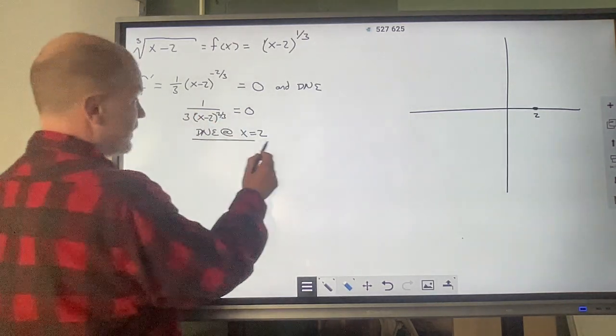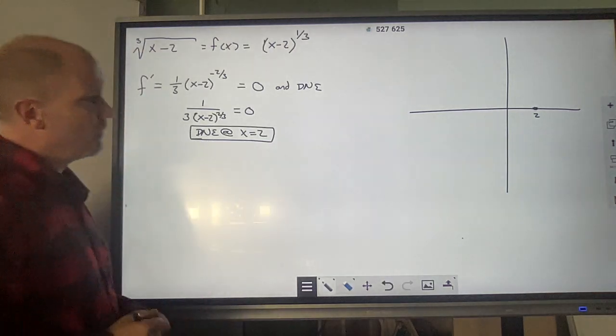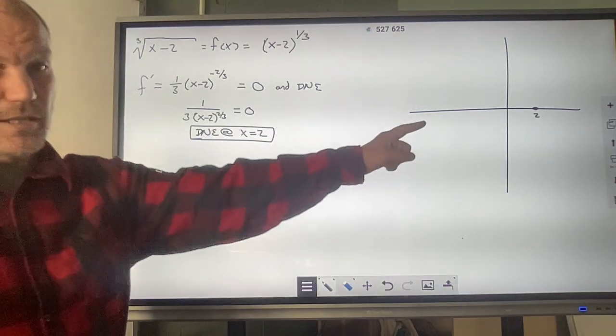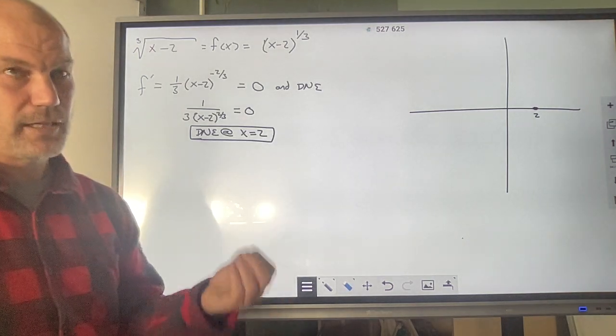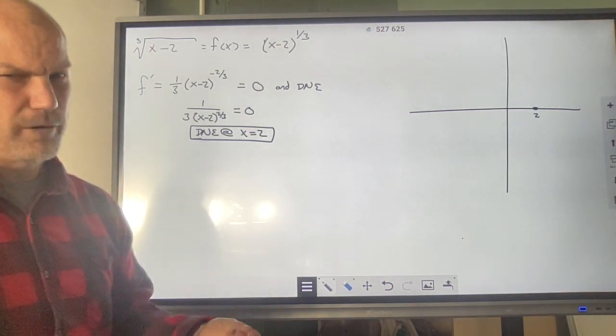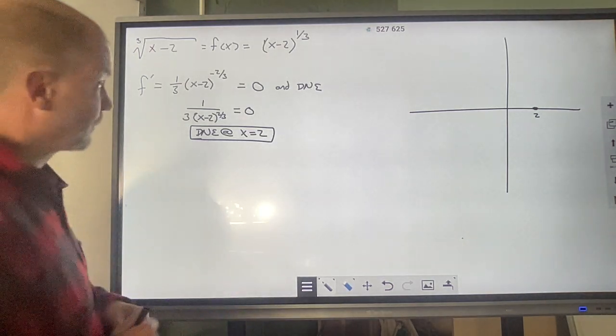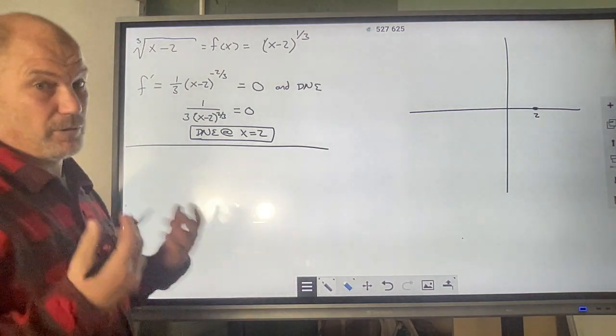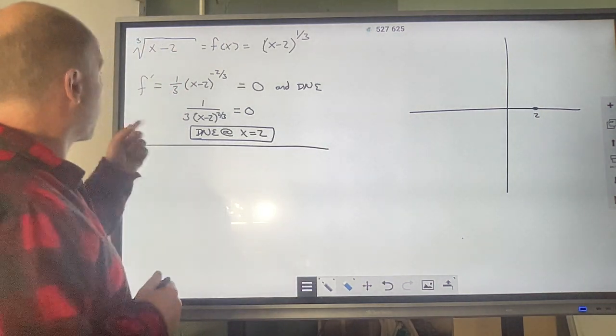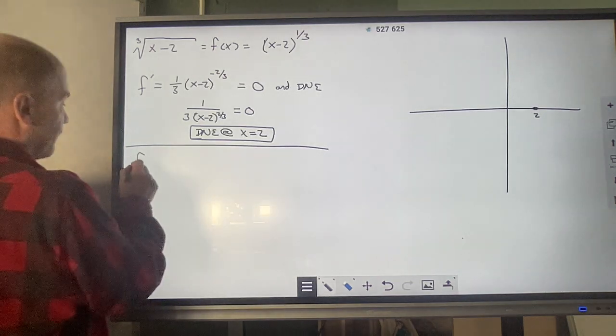So I've got this DNE at x equals 2, but I happen to know the point exists, we just can't calculate the slope at that point for some reason. We don't know why yet. But we'll do some more math to figure out maybe why we can't do that. So we're going to find our f double prime.